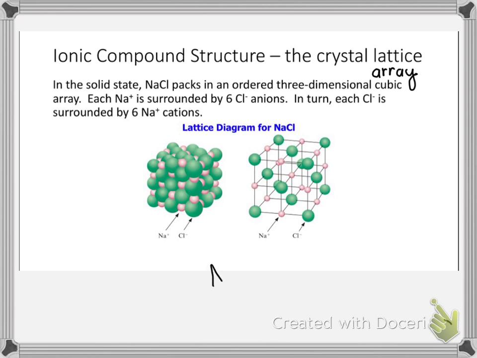So if I see NaCl, this is 1 to 1, and inside the crystal is a 1 to 1 ratio. All 1 to 1 ratios would look similar. They'd have a similar pattern. But if the ratio was different, like 2 to 1 or 1 to 2, you'd still have a cluster, but it would have a different pattern.